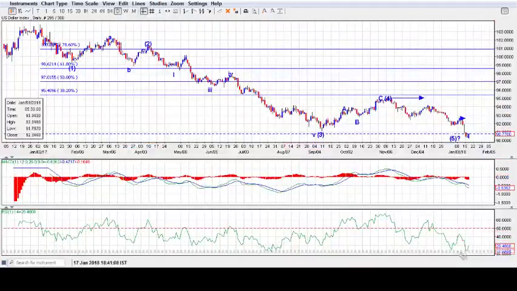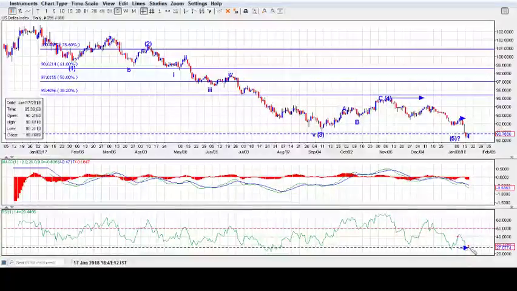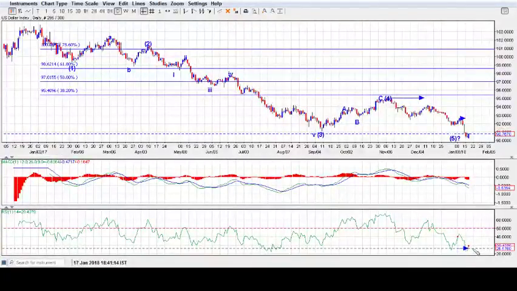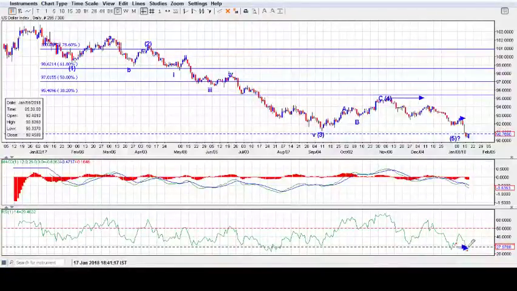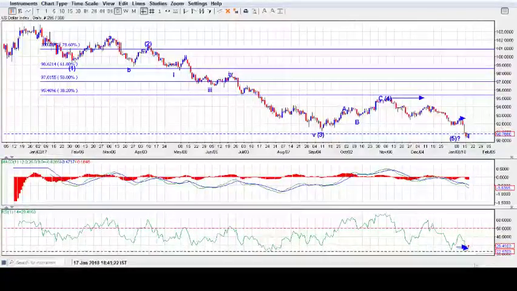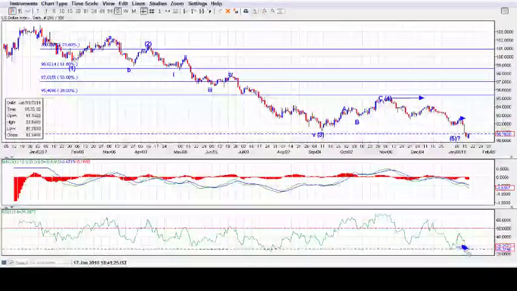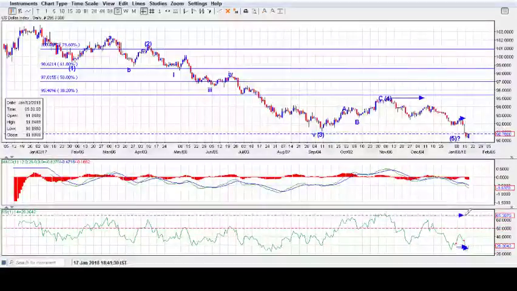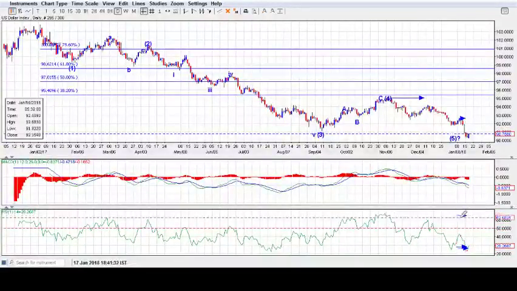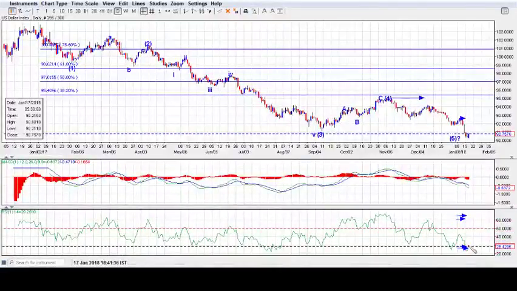But honestly, oscillators are very new for me. I've not been using them. It was due to one of my participants that I read about it, and especially the divergence I find very interesting. Okay, the 30 band is good to buy, and the 70-75 band is good to sell. That's what it says. Right at the 30 band right now.